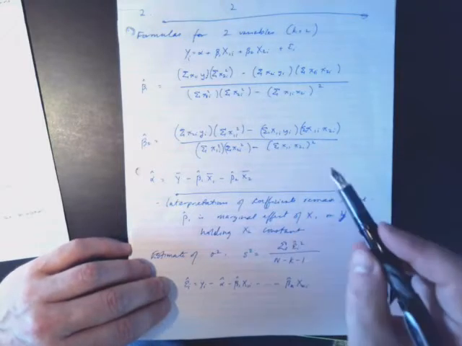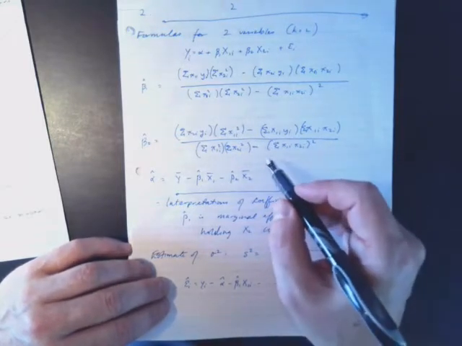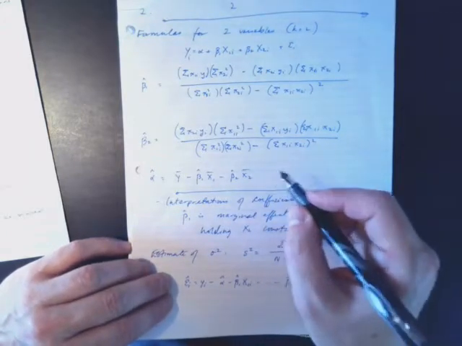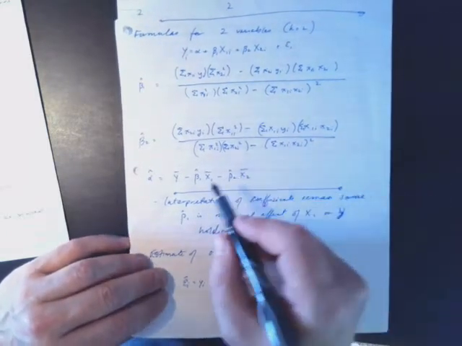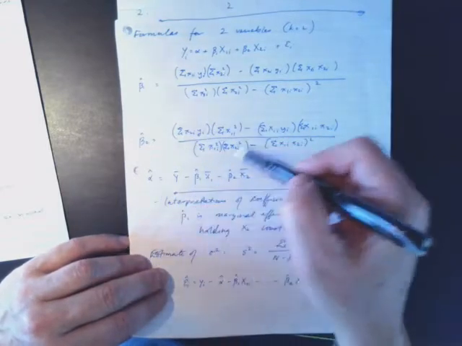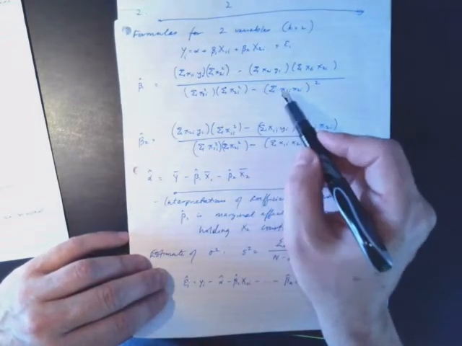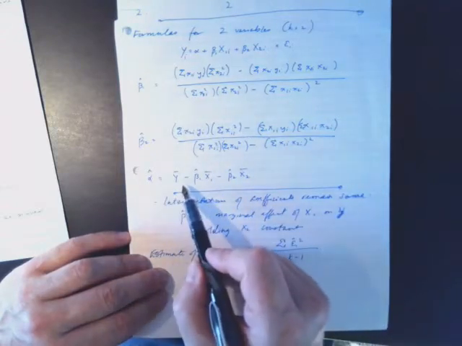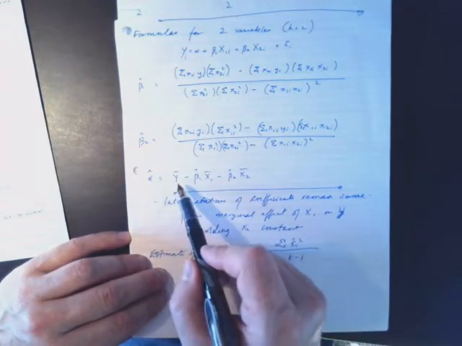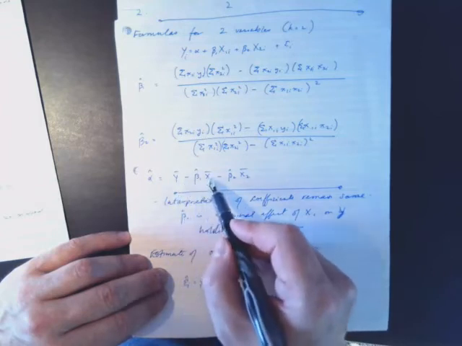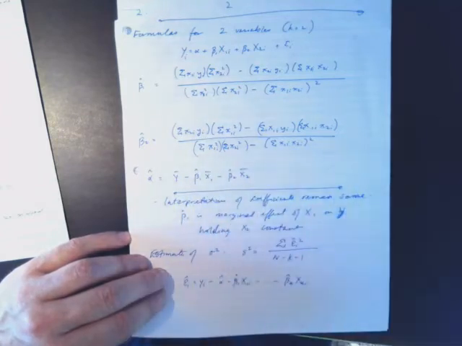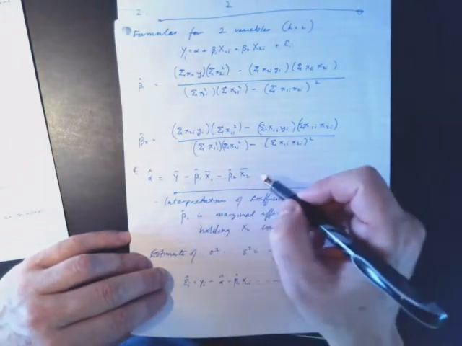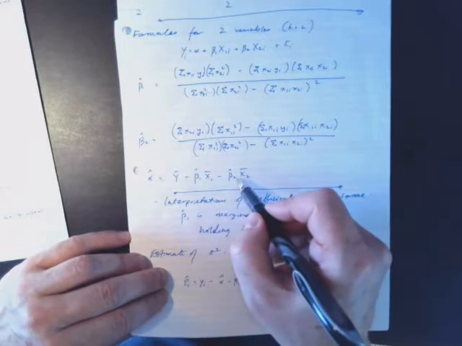It's not exactly how the computer does the calculation. The computer will use matrix algebra instead. And then for alpha, if you computed beta 1 and beta 2 this way, you could get alpha by plugging in the means of the big X and big Y variables and using the slope coefficients.